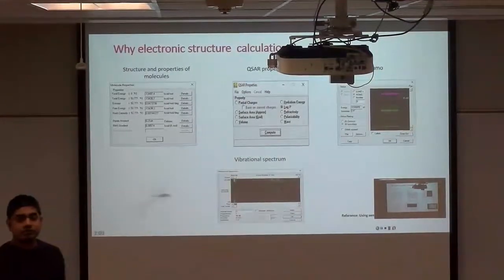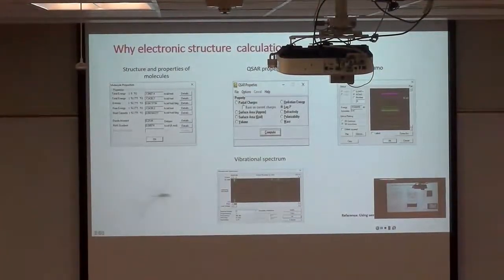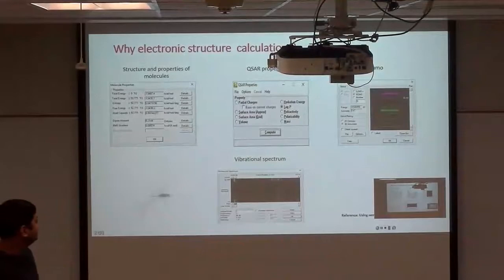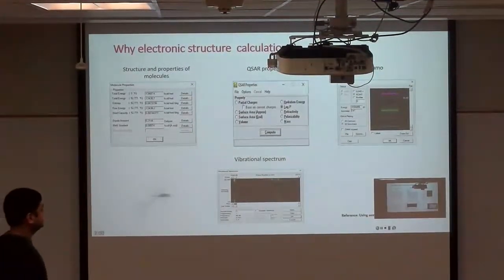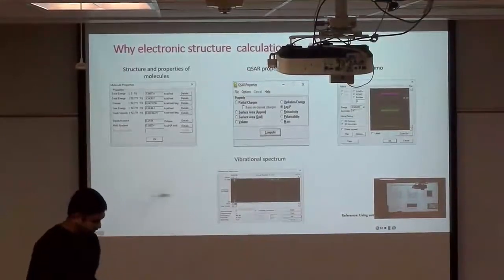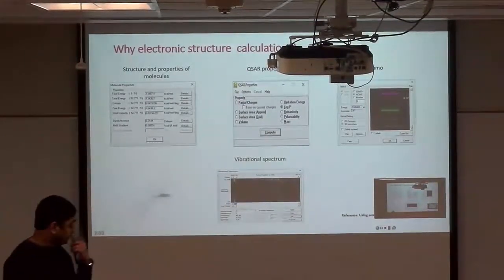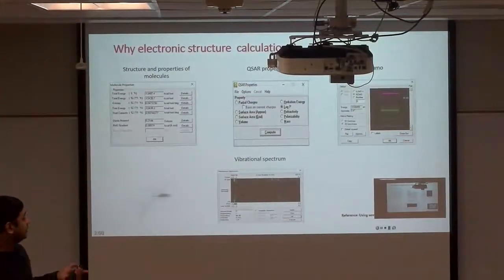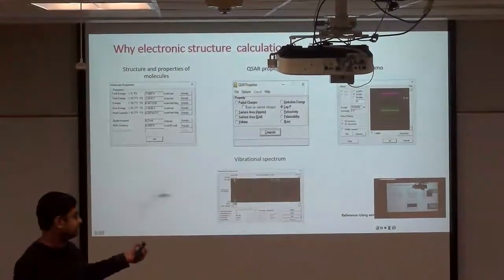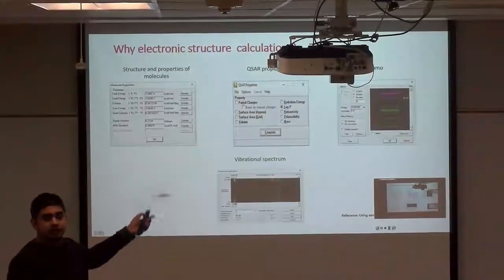These are some of the properties we can calculate, but there are many. Because of the limited space, I put only a few. The reference I used is hidden by the screen. I used the HyperChem software, with the semi-empirical electronic structure method helping me calculate these properties.